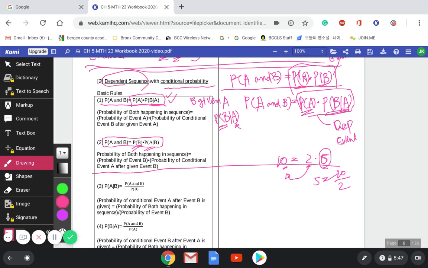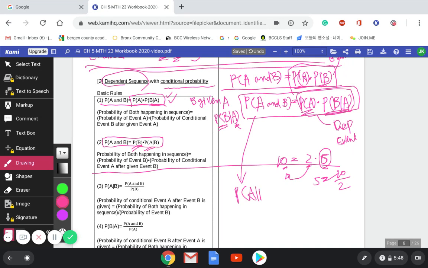If probability of A and B is equal to probability of A times probability of B given A, then how do you find probability of B given A?